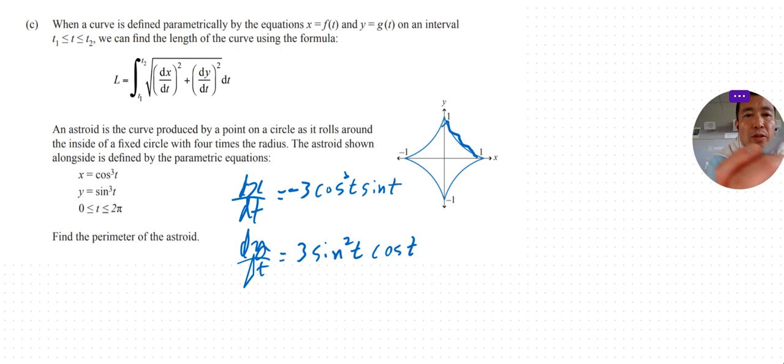Alright? So knowing that L, we can rewrite. First of all, because we just target 1, we know there are 4 lots of them: 4 times the integral from t1 to t2. We have to find that too, but I'm going to write the function first.